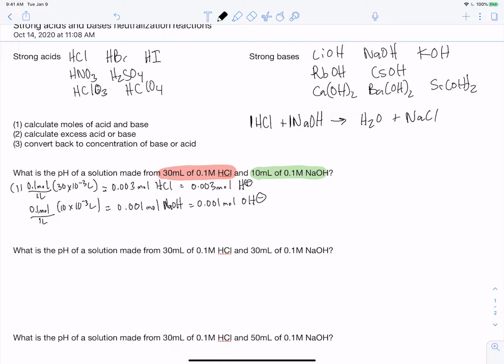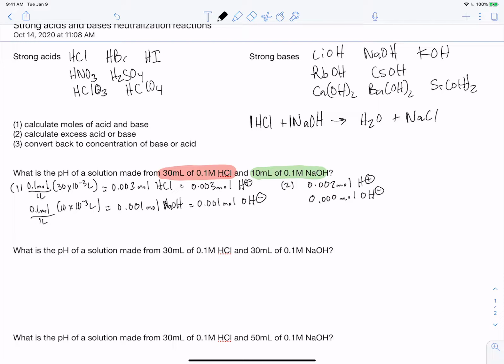Okay, so step 2 is to figure out how much excess acid or base you have there. And so that is done by looking at these concentrations. So you won't have H plus and OH minus existing simultaneously in solution. They are going to annihilate one another. So you have less hydroxide here than you do acid. And so our total at the end of the neutralization reaction, once this and this have reacted together, I will have 0.002 mole of H plus and 0.000 mole of hydroxide.